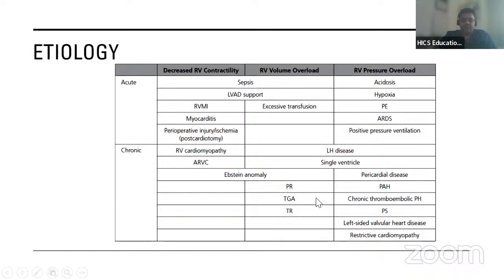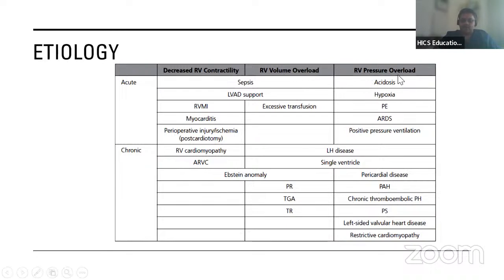So this is the etiology. We won't bother too much about chronic etiology because these are the realm of pediatric cardiologists and the cardiac surgeons. We look at acute dysfunction, the etiology of acute dysfunction of the right heart. Sepsis can cause right heart dysfunction with decreased RV contractility and RV volume overload because of overzealous fluid administration.